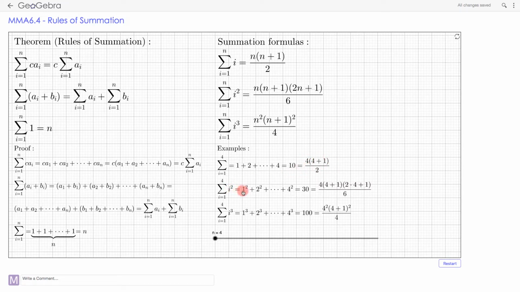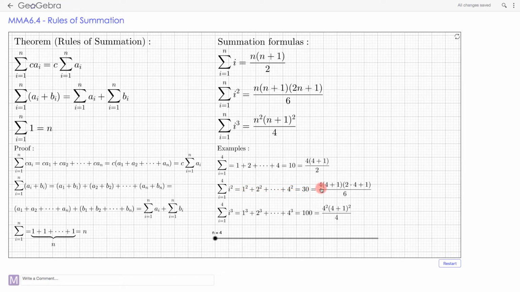Now we go to the squared numbers. So 1 plus 4 plus 9 plus 16. What's that? That's 30. 1 plus 4 is 5, right? 9 plus 16 is 25, so 5 plus 25 is 30.